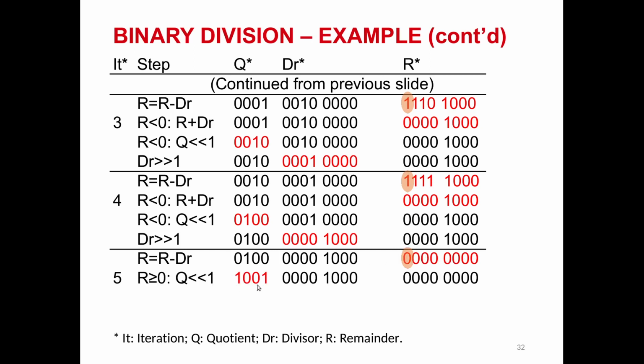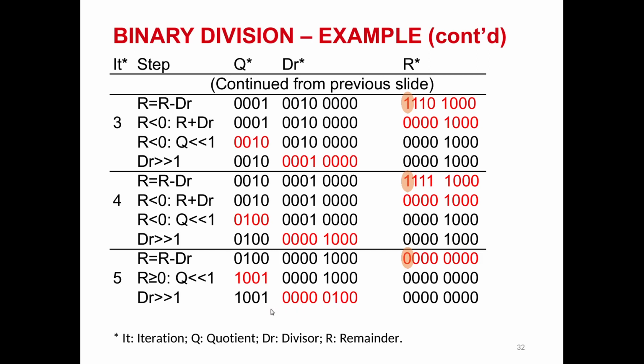Instead, we set the result for the quotient bit to 1 and put it here, shifting all bits of the quotient one bit to the left, and then we shift DR one bit to the right, and we have the new DR here.